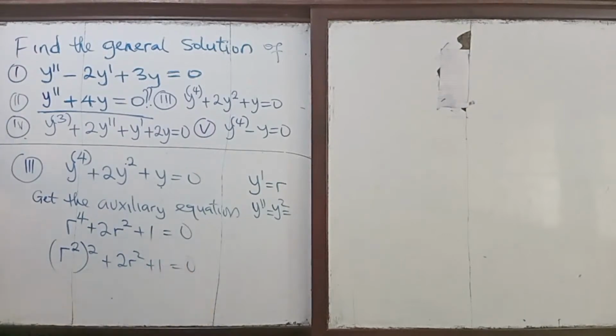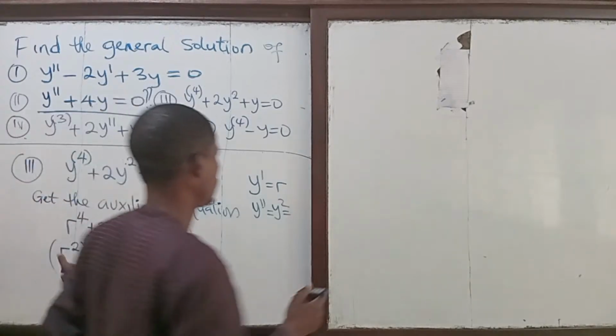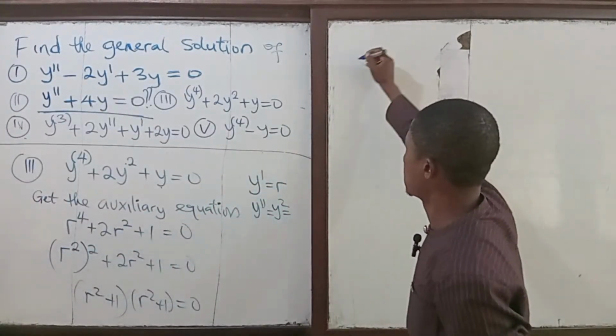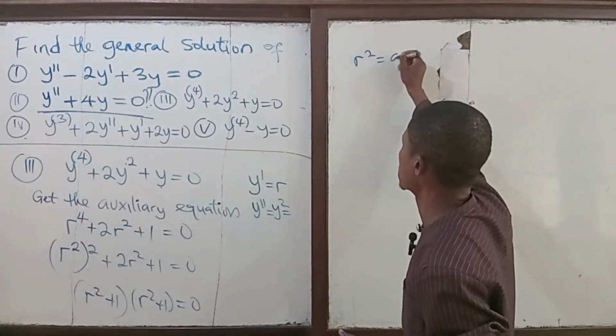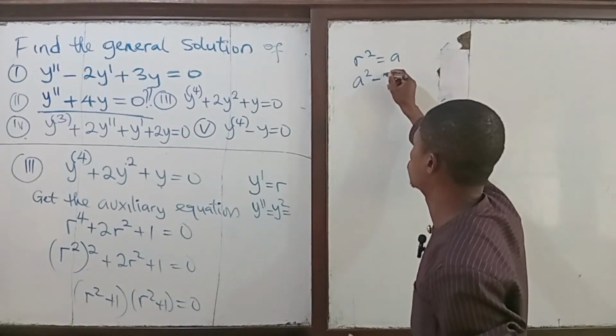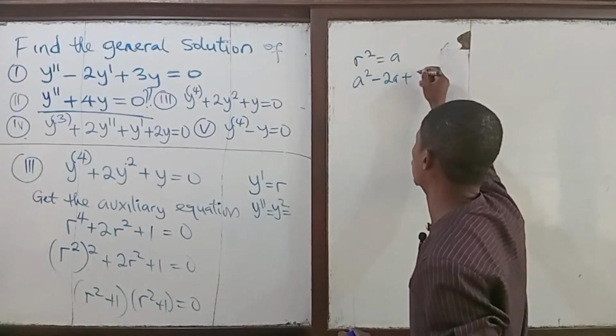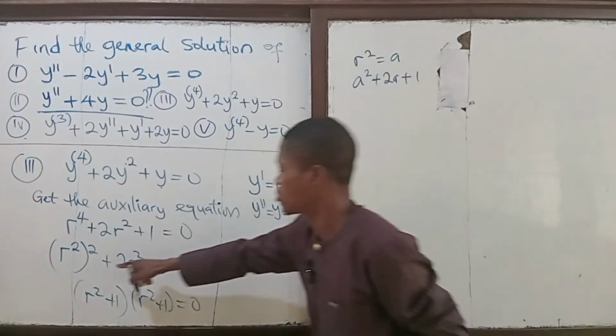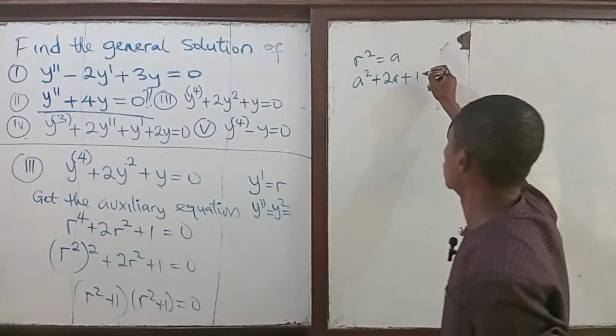Equal to 0. So this one will give you a perfect square, whereby you have r squared plus 1, all squared, equal to 0. So it's going to be double. And if this is giving you a tough time, very simple. What you can do, if you don't know, you can just give r squared a letter, let it be a. So you're having a squared plus 2a plus 1 equal to 0.